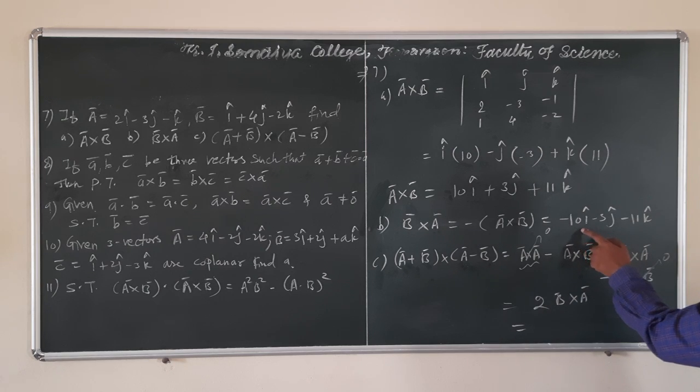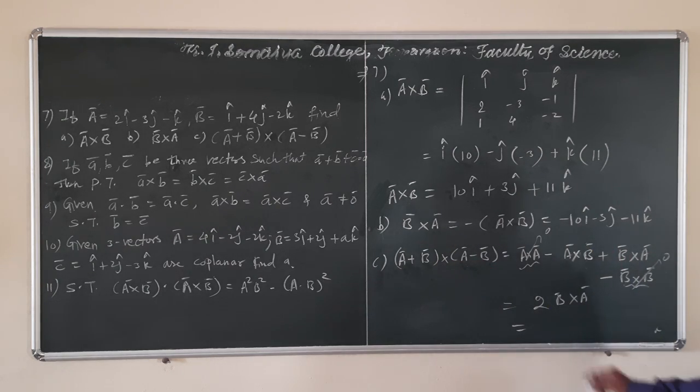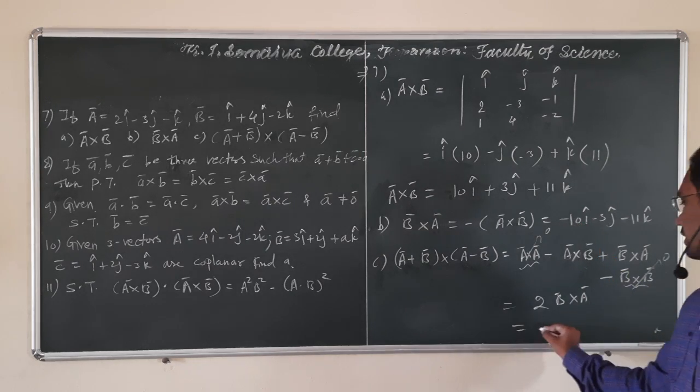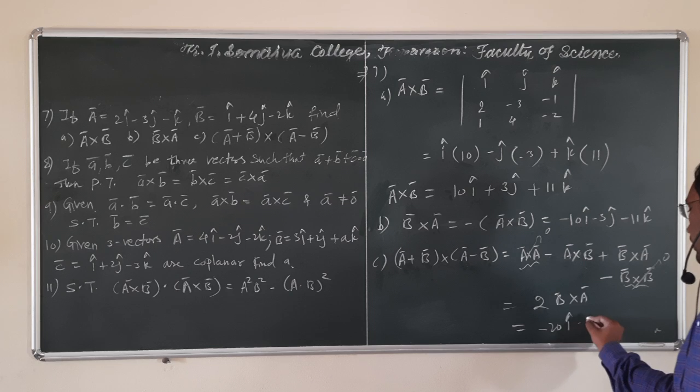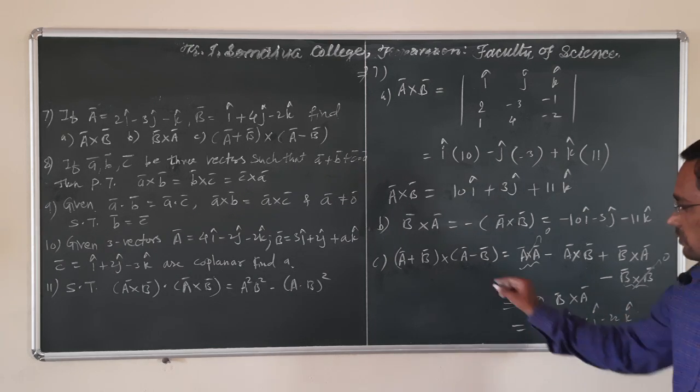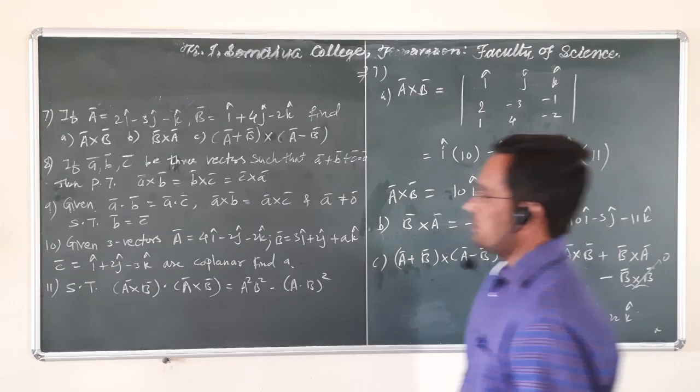If you multiply 2 to each term, that is minus 20i cap minus 6j cap minus 22k cap. So this is the required answer of the C part.